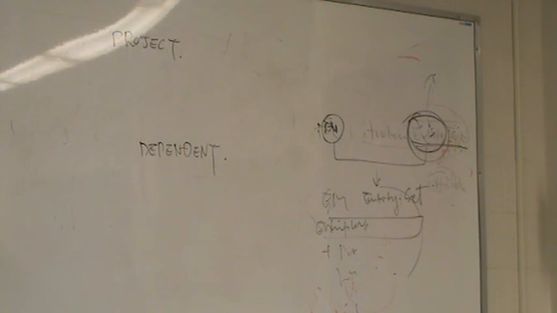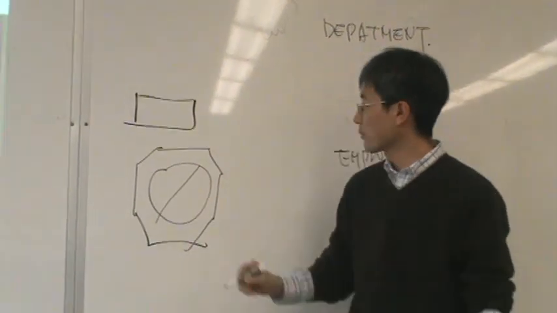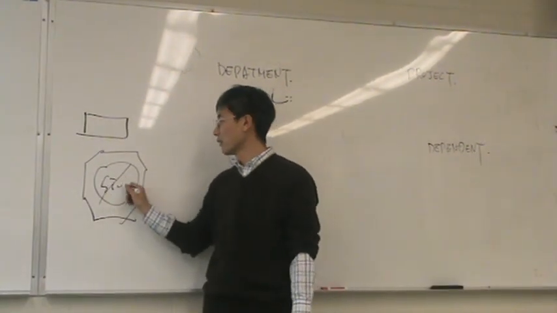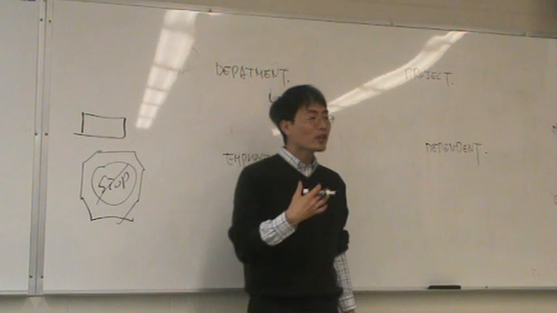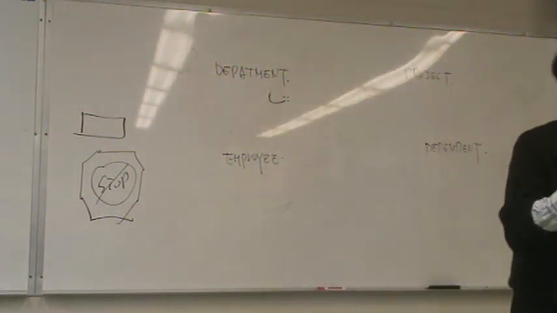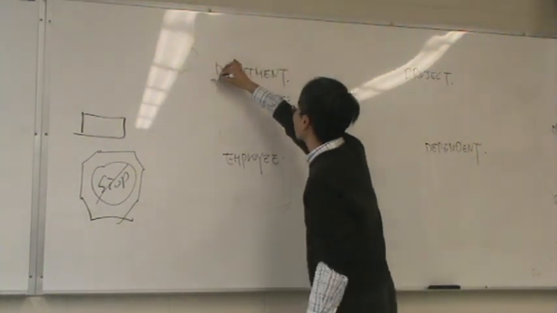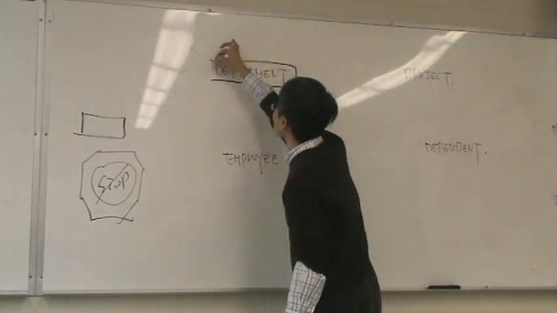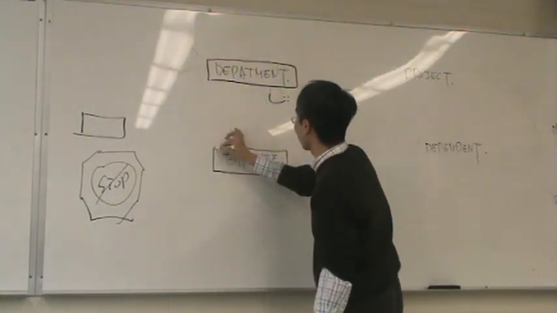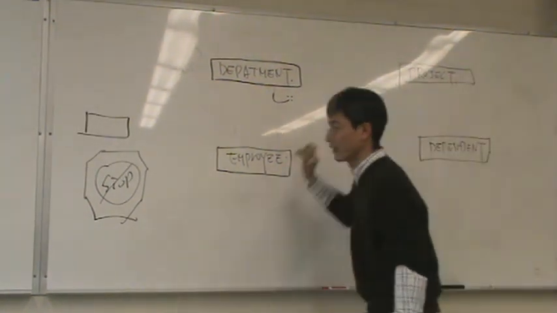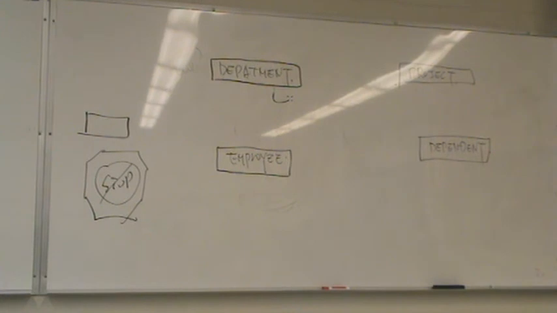Everybody understands what a stop sign means, even though you do not know the language. So we are going to consider such a diagram or symbol. To represent the entity, we use a rectangle. So whenever you see the rectangle, that means it's an entity, actually an entity type.